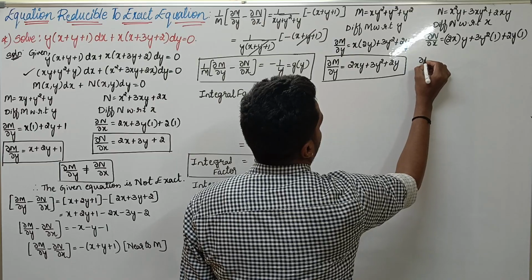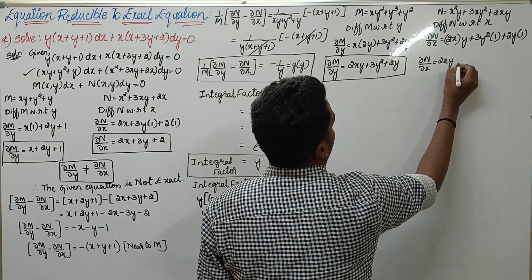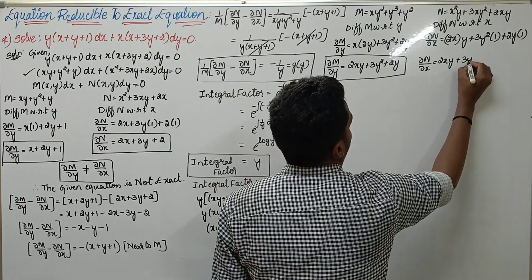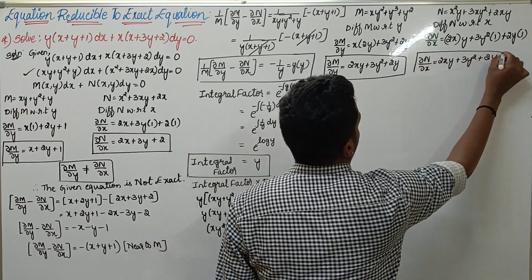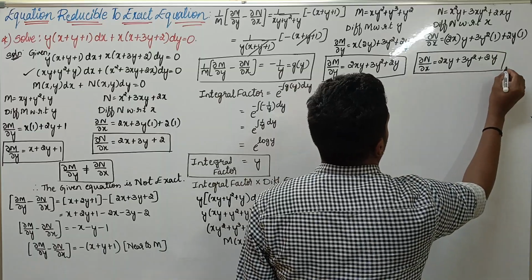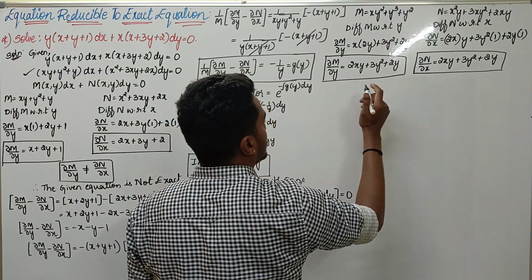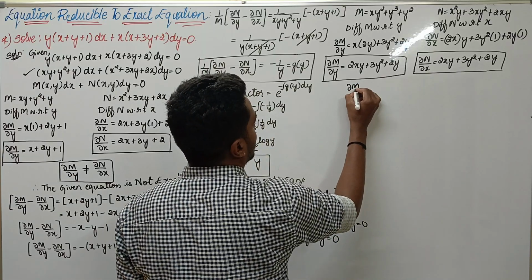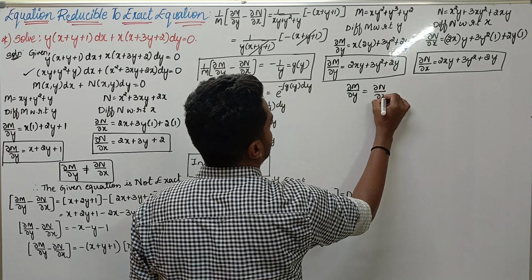So ∂N/∂x is equal to 2xy + 3y² + 2y. If you check these two, both are the same, then we can conclude ∂M/∂y is equal to ∂N/∂x.